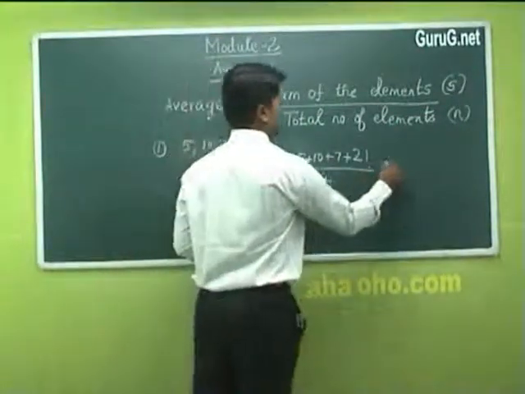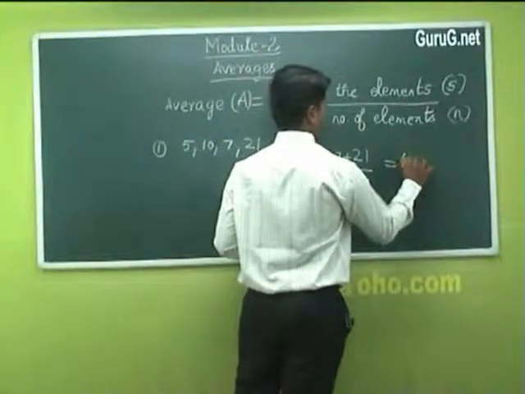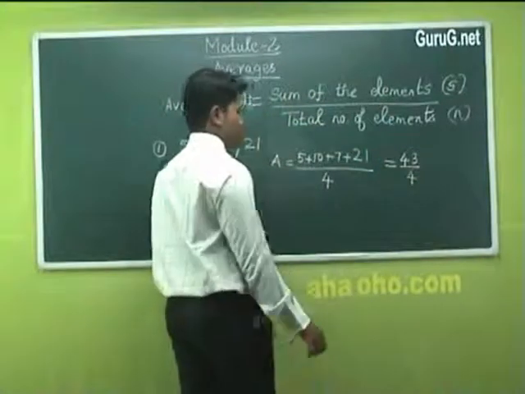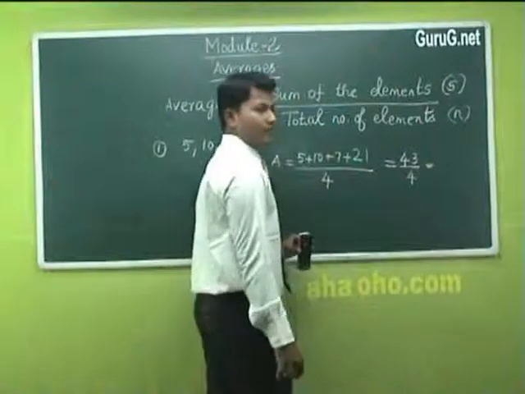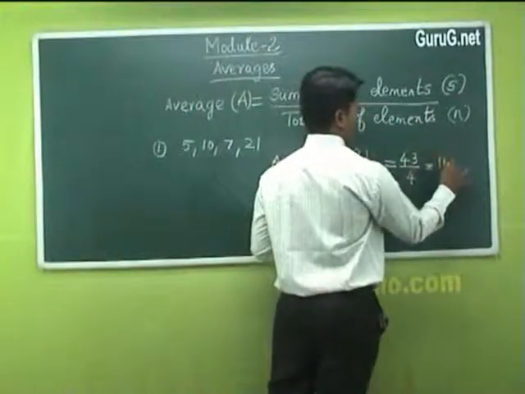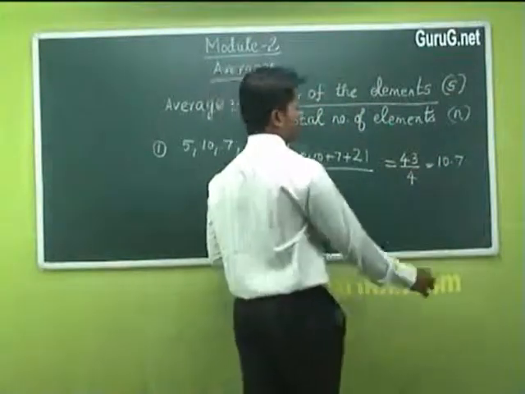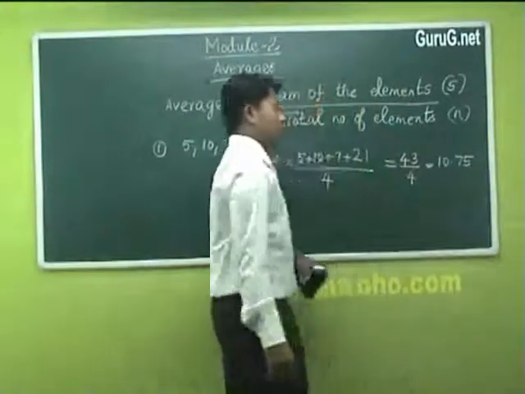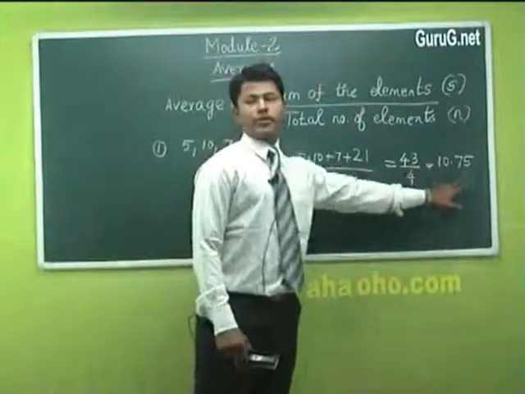So your average is 43 by 4, which is 10.75. So the average of these four values is 10.75.